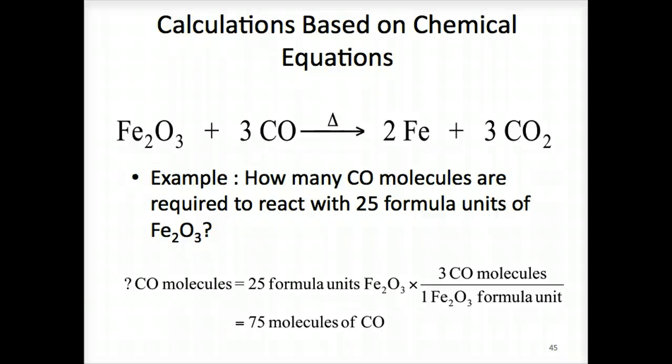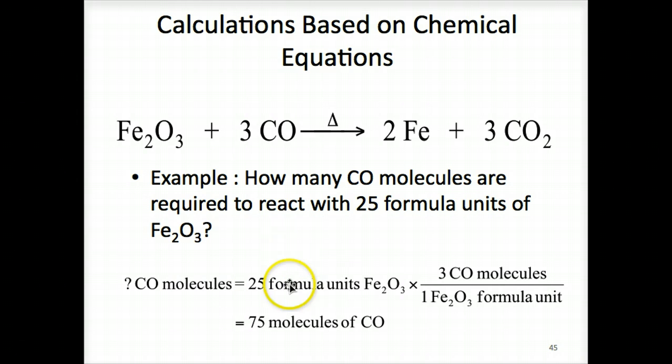So for example, iron(III) oxide plus carbon monoxide yields iron and CO2. We want to know how many molecules of carbon monoxide are required to react with 25 units of iron(III) oxide.